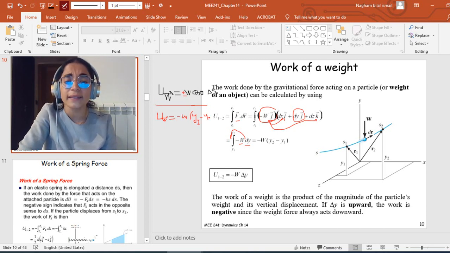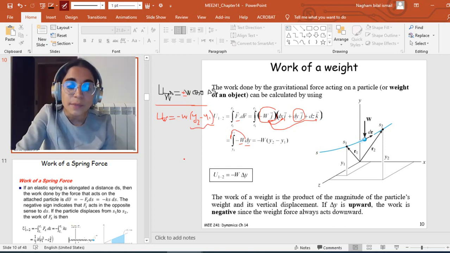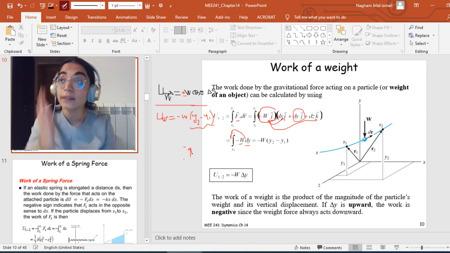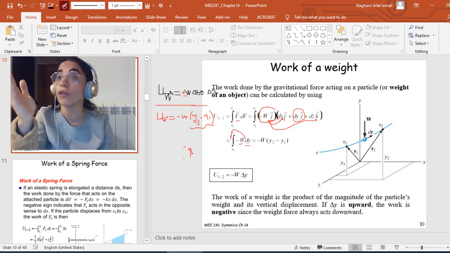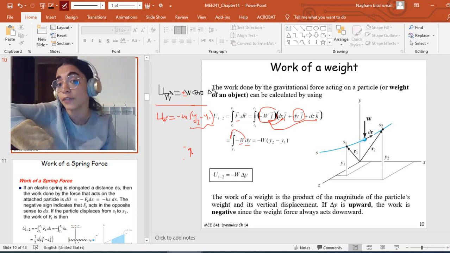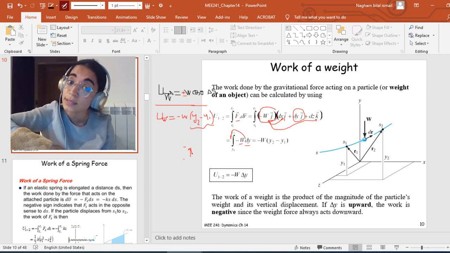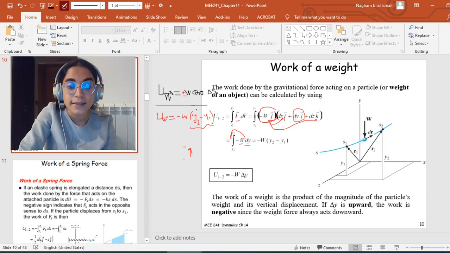Why? Because in fact, if y2 minus y1 is positive, then this means, guys, that the particle is going upward. Now, if the particle is going upward, the projection of this displacement will be in the negative direction of the weight, because it's always downward. And then, since this is positive, the work will be negative, and this is what we will face here.